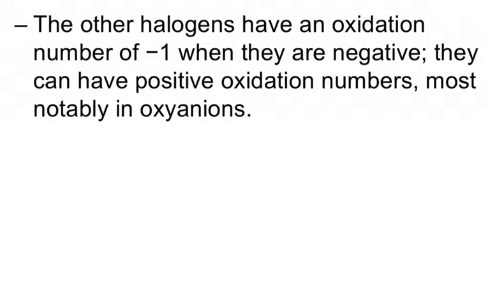Now, what about the other halogens? Fluorine is a halogen, but it's always -1. But the other halogens, which would be chlorine, bromine, and iodine, according to this rule, are usually -1.